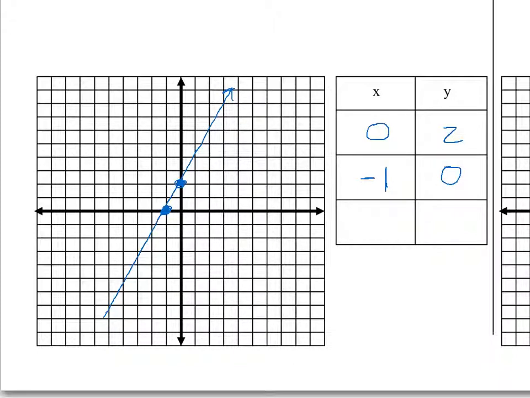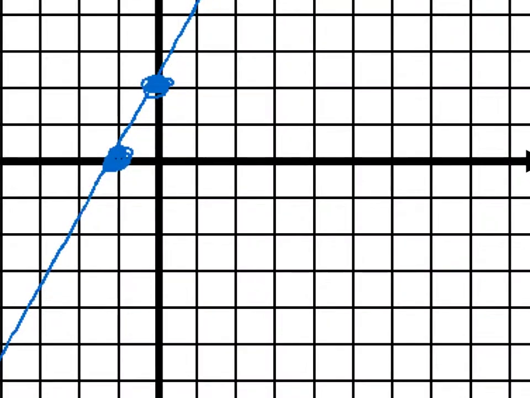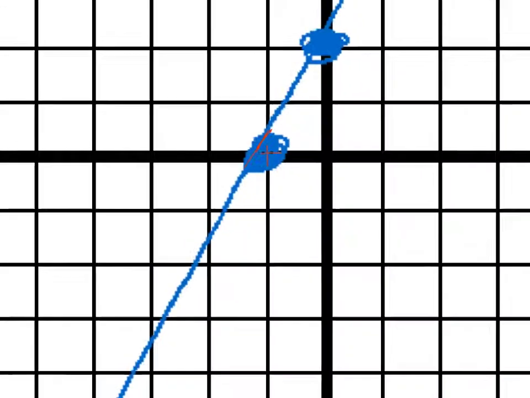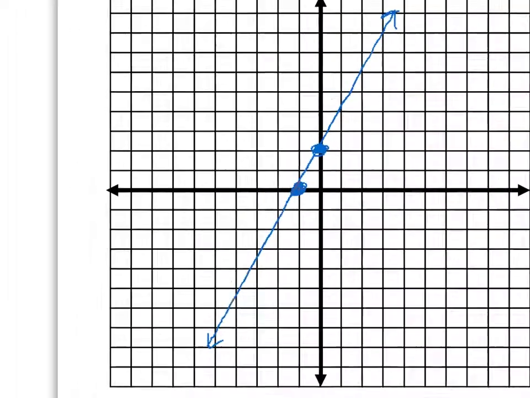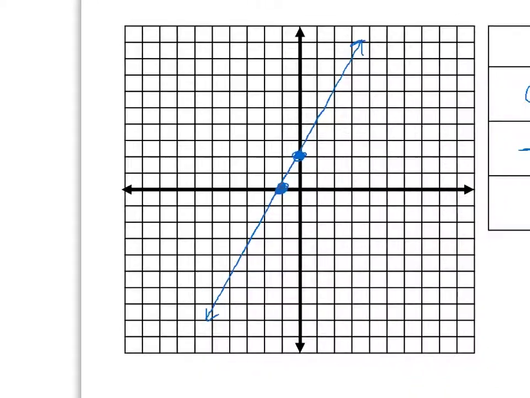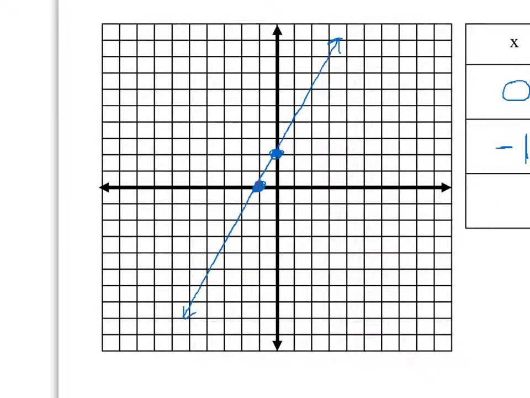And I can see that mine didn't go quite through the corners, and that's going to make things difficult because when I really zoom in here, what I can see is that this line is not quite through this corner right here. The closer you can get it through those corners, the more accurate your graph is going to be, and the easier the next part's going to be. Because now I'm looking for a point where it looks like there's another point on the graph. So I look here and I see it looks like this goes right through that point.